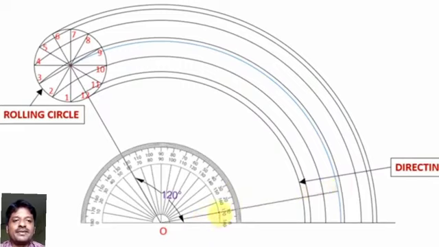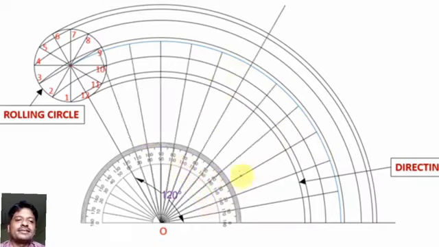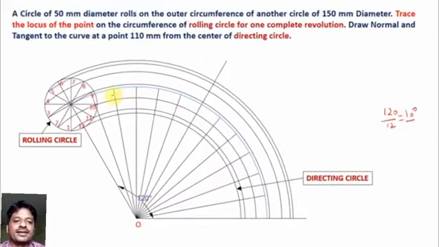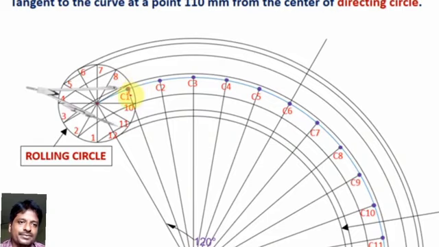So for 10 degree, make a line like this. Again further, 20 degree, and in the same way 30 degree. In the similar fashion, we can divide this 120 degree into 12 equal parts. And your line must reach up to the center arc of your rolling circle.